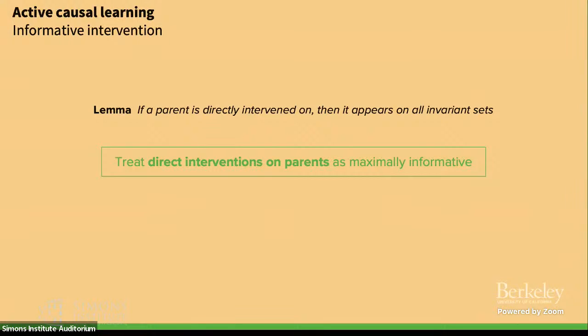Something one can show quite easily is that if you directly intervene on a parent, then it appears in all invariant sets. Here I should point out, and this is where we have to be a bit more precise, that this is a population statement, in the sense that it assumes no testing errors. Of course, in practice, when you run this on a small sample size, you might have testing errors that mean this does not happen.